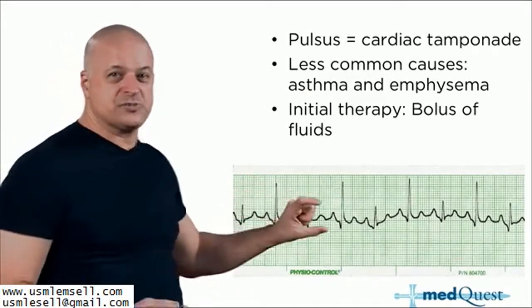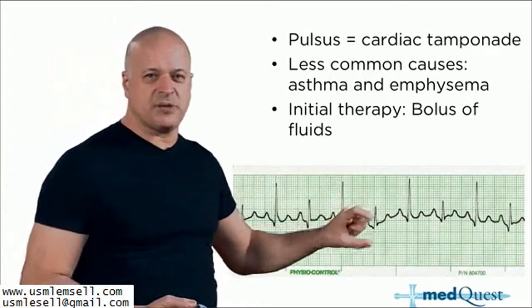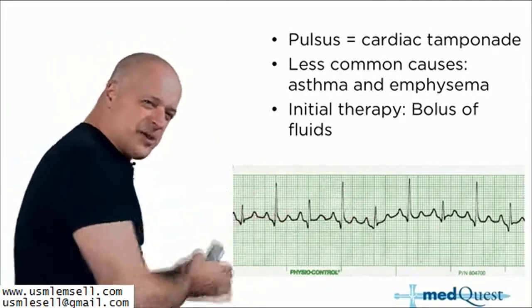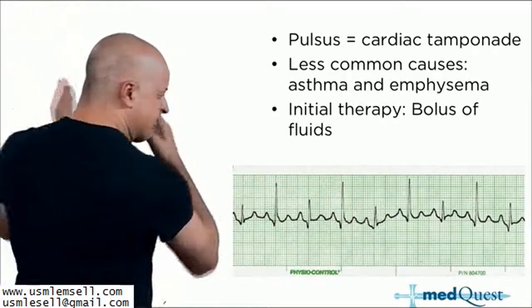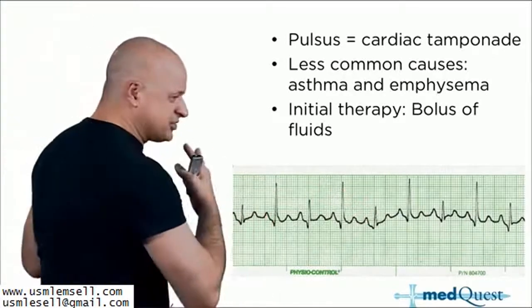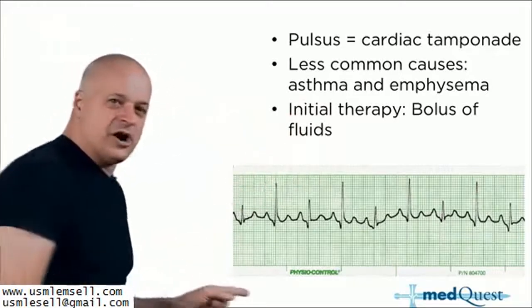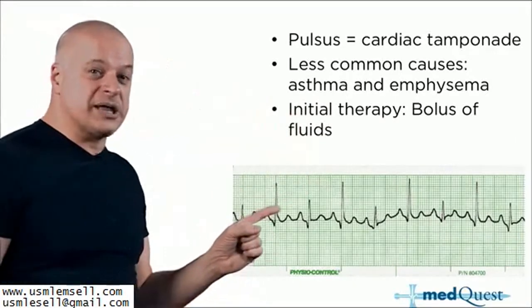Big complexes, small complexes, big complexes, small complexes, but it's exaggerated because the heart is flopping forward and backward in the chest because it's in a bath of fluid. When the heart flops forward, the complexes get bigger.